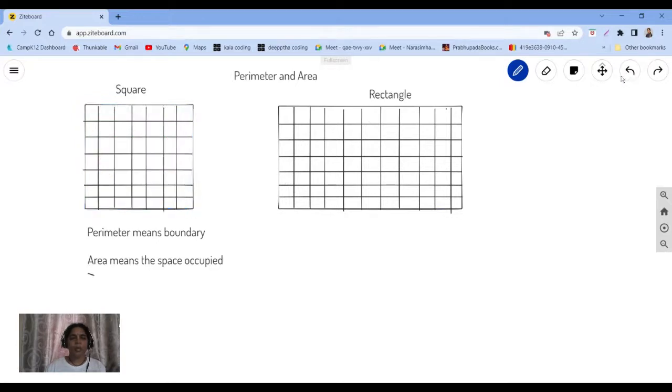Okay, so let's start. How do we find the perimeter of a square? We know perimeter means boundary. So, what is the quality of a square? All the sides are the same length.